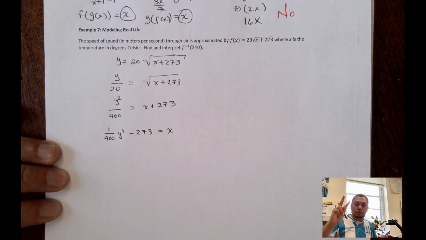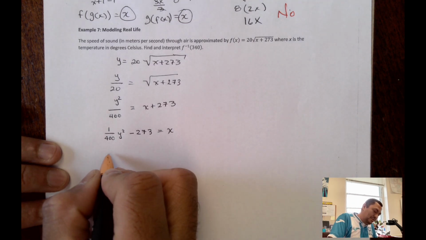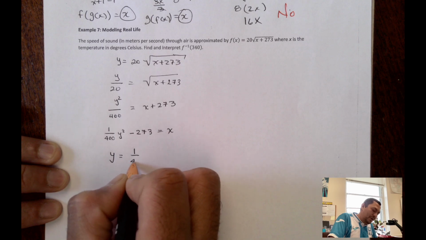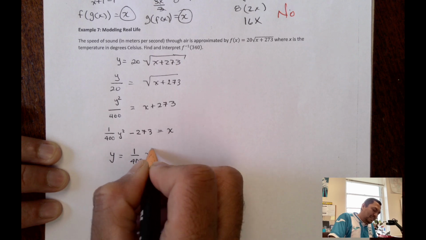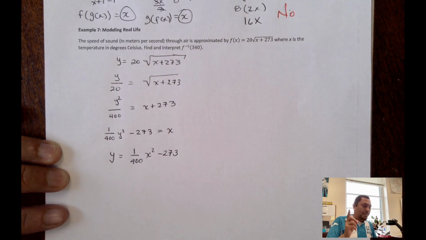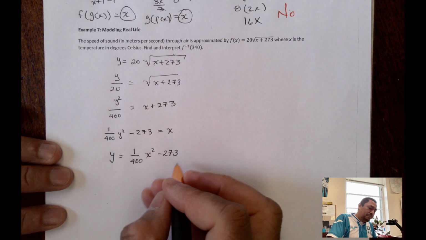Going to switch the variables and change the position of the equations. And I'm going to have that y equals 1 over 400 x squared minus 273. Remember that domain.